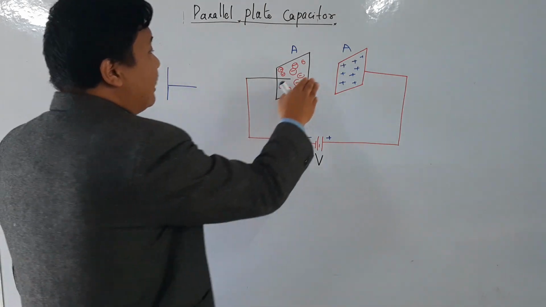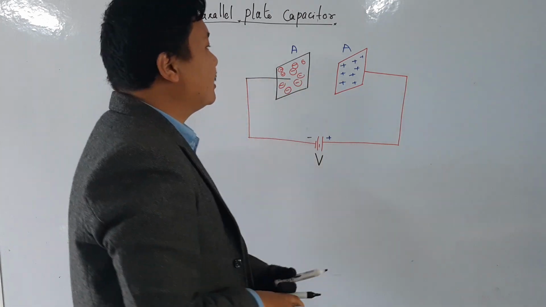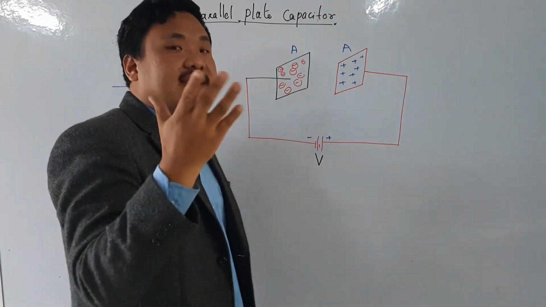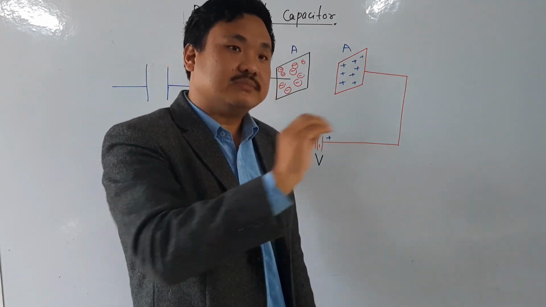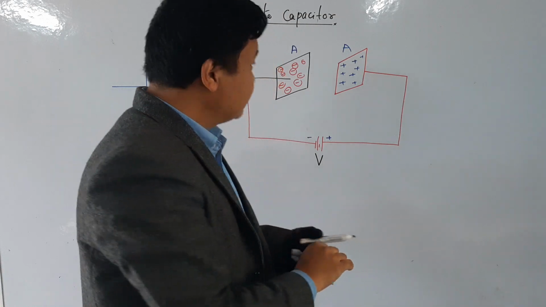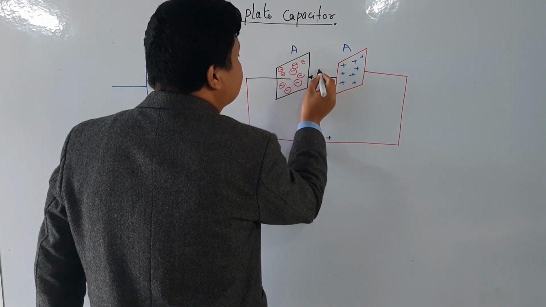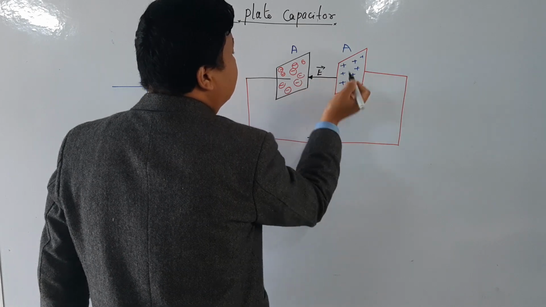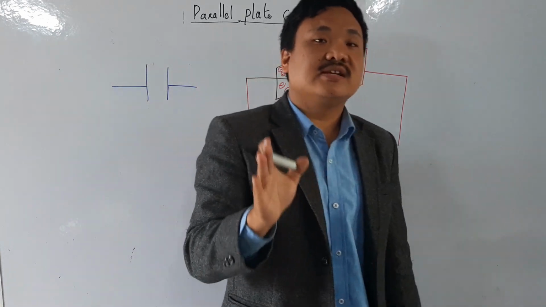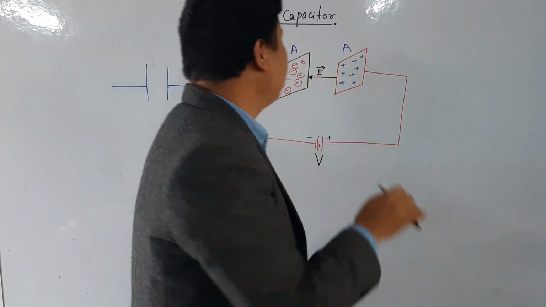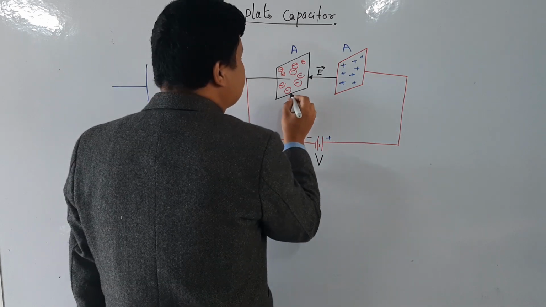Now, if there is positive charge and negative charge, then there will be a generation of electric field, and the direction of electric field is from positive to negative. You know this, isn't it? So this is the direction of electric field from positive plate to negative plate, and there is a small distance between them.